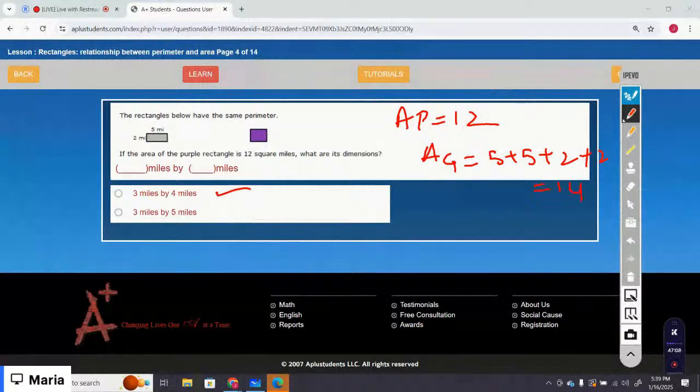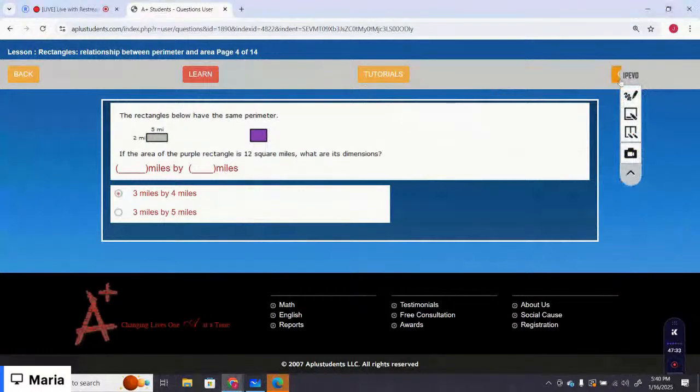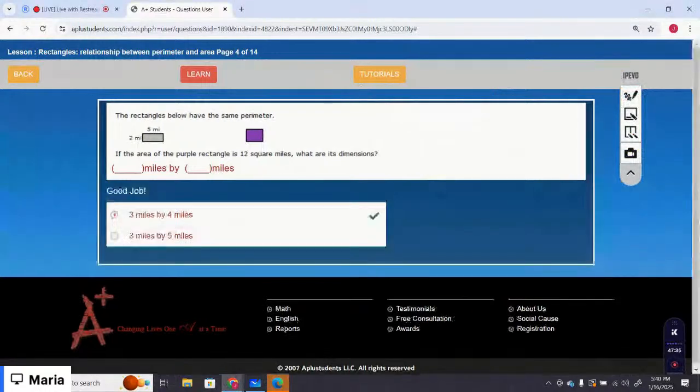The correct option is 3 times 4. That is 3 miles by 4.